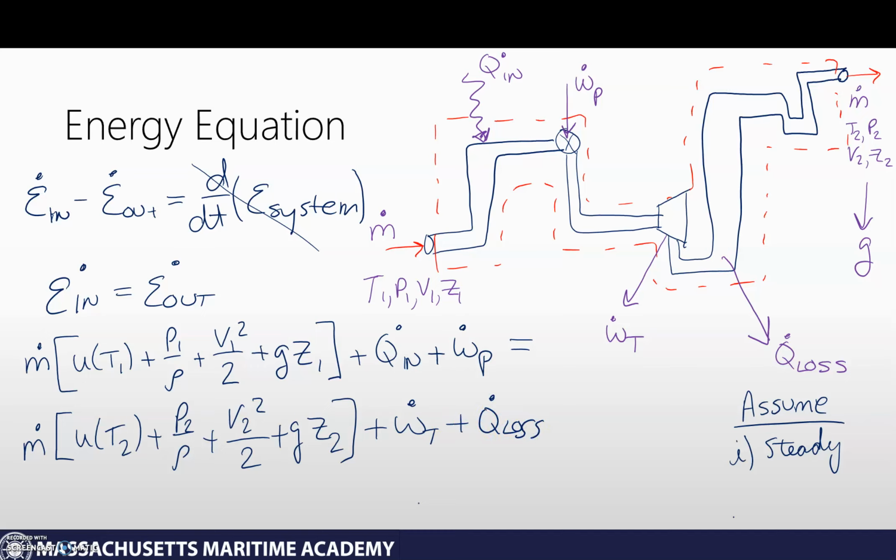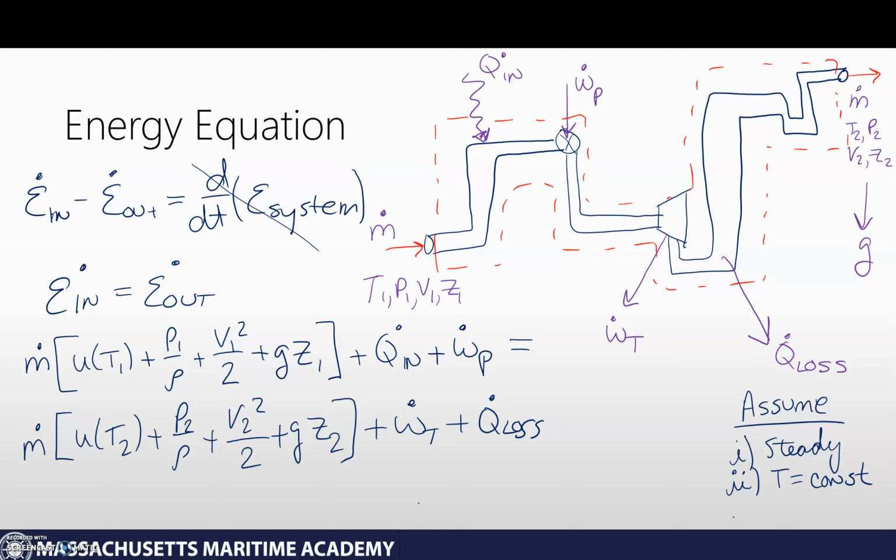This is a big equation, so we're going to make some assumptions to make it a little bit easier to deal with. So the second assumption I'm going to make is that I have a constant temperature. So basically whatever temperature the fluid's coming in, I'm assuming it's going to be coming out at basically the same temperature.